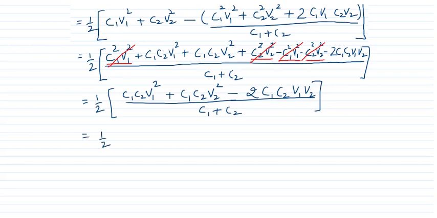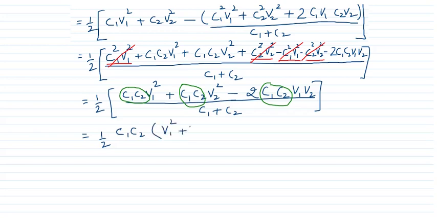Now you can see here C1 C2 is common, we can take it out. C1 C2, and what is left?